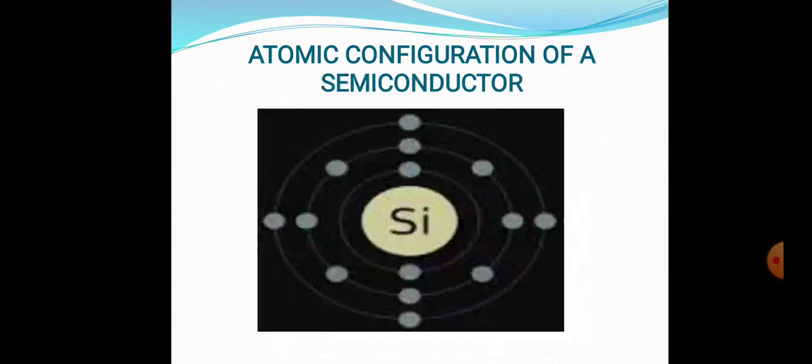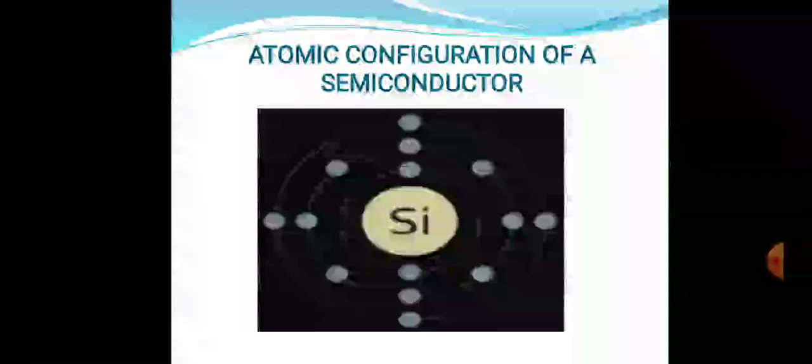In the case of semiconductor, the electronic configuration is shown. It has 4 valence electrons. Here, the conductivity is not decided only by these free electrons, but also the number of electrons in the conduction band as well as the number of holes in the valency band.